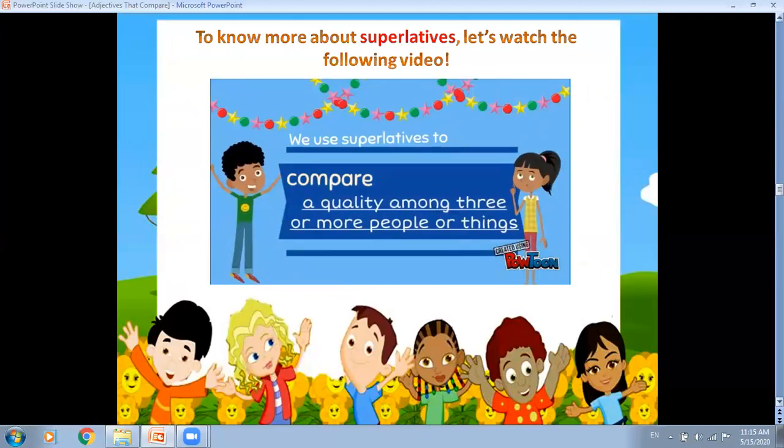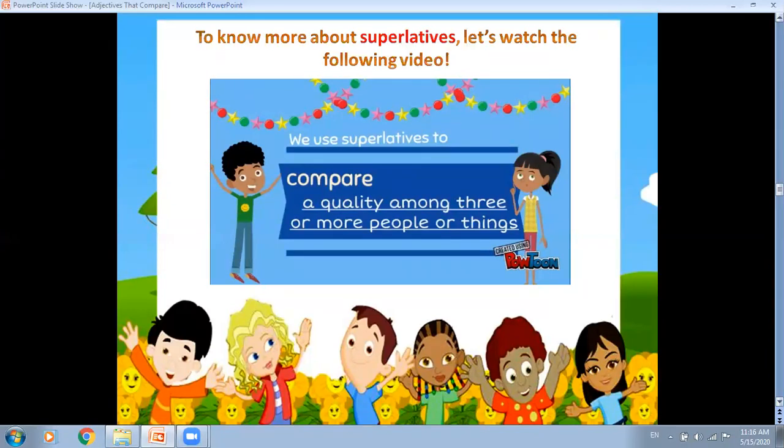We use superlatives to compare a quality among three or more people, animals, things, or places. Or you can say to compare three or more nouns. How many? Three or more.